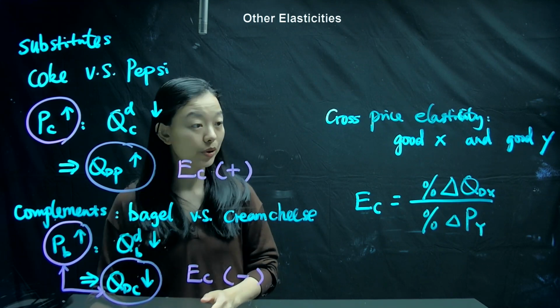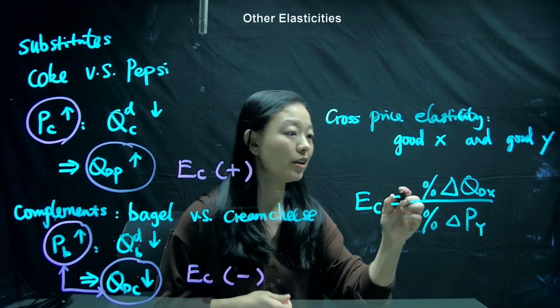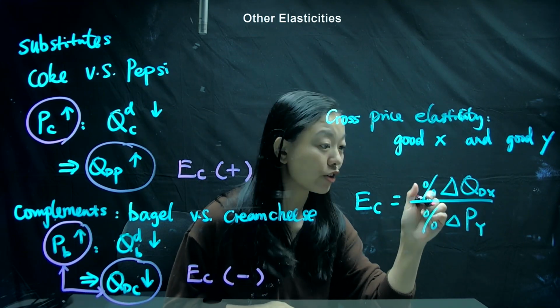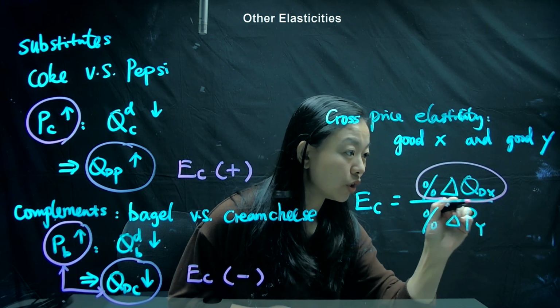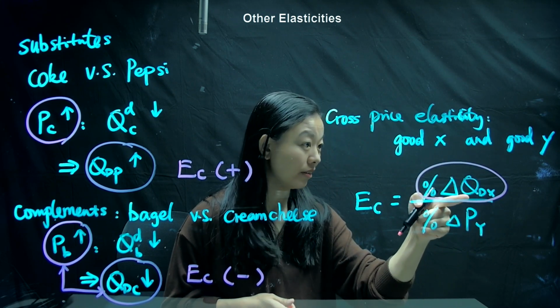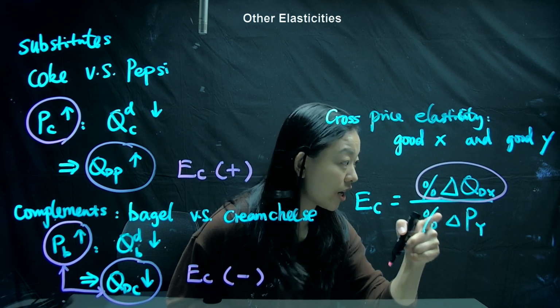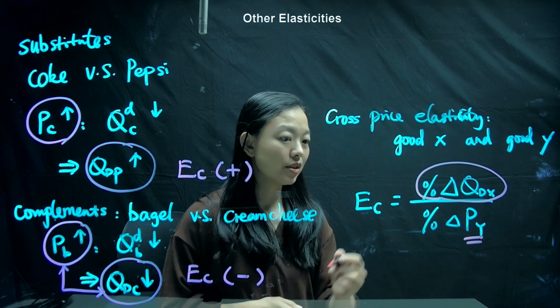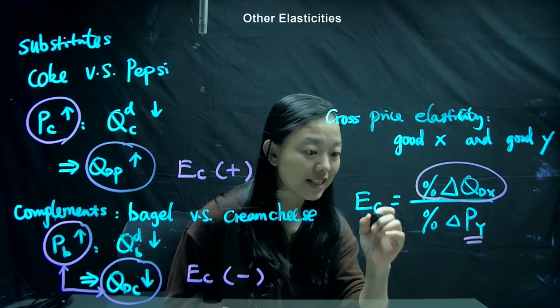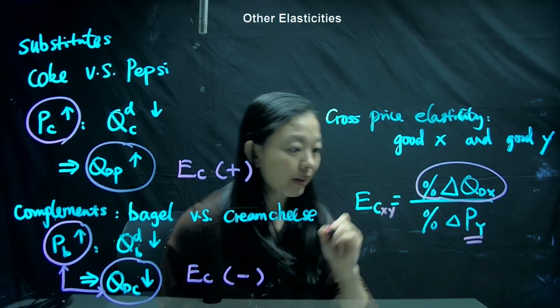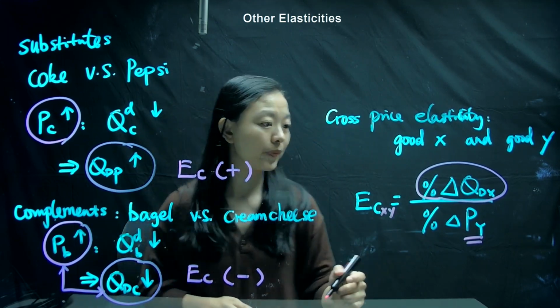So this is the way that we compute cross price elasticity. We have the percentage change in good X's demand divided by the percentage change in good Y's price. So this will be the cross price elasticity between X and Y. Understand? Between X and Y.